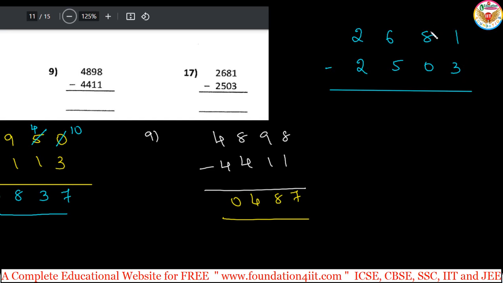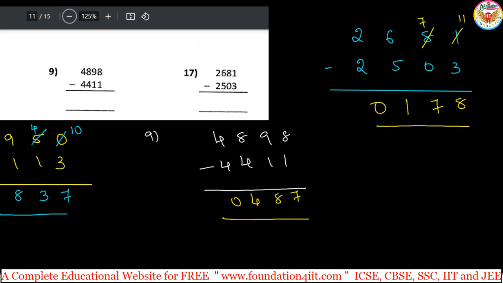We'll take 1 from this 8. This 1 becomes 11. Just borrow to this. This 8 becomes 7. After reducing one from 8 only, you can take to here. 11 minus 3, so this is 8. Right? Next 7 minus 0 is 7 itself. 6 minus 5 is 1. 0.